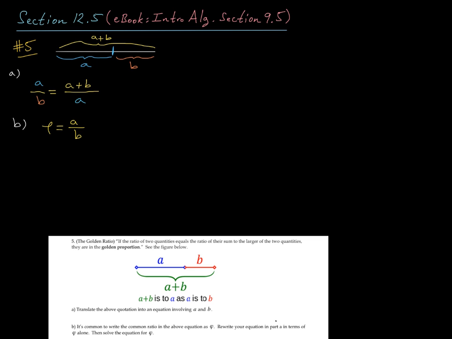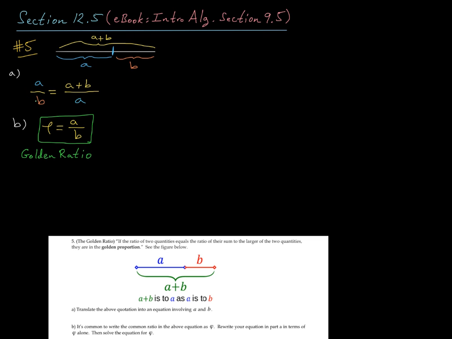And then it says to rewrite your equation in part A in terms of phi alone, then solve the equation for phi. Okay, so this ratio, this thing right here, is what's referred to as the golden ratio. And what we're going to do in this part of the problem is find the numerical value of the golden ratio. So how can we go about doing that?